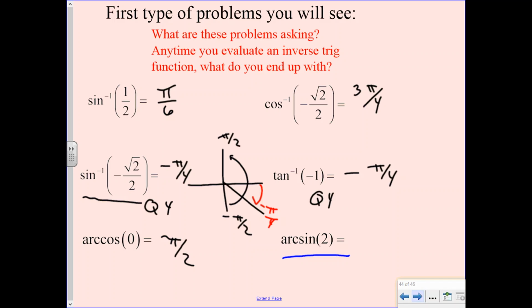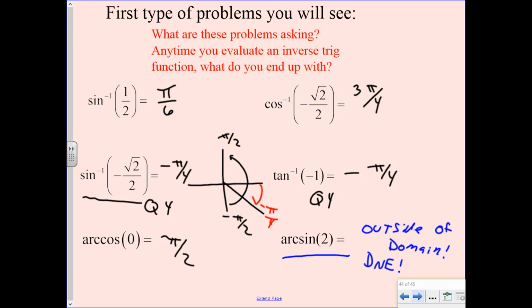So the arcsine of 2, this is outside of the domain. So there is no answer here. This is undefined. Does not exist. You can't do it. Okay?